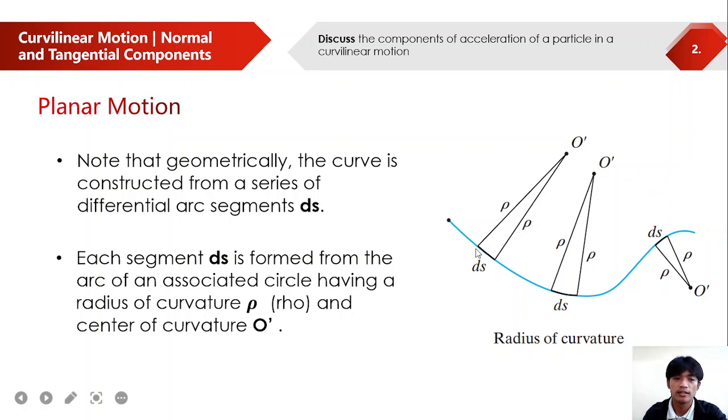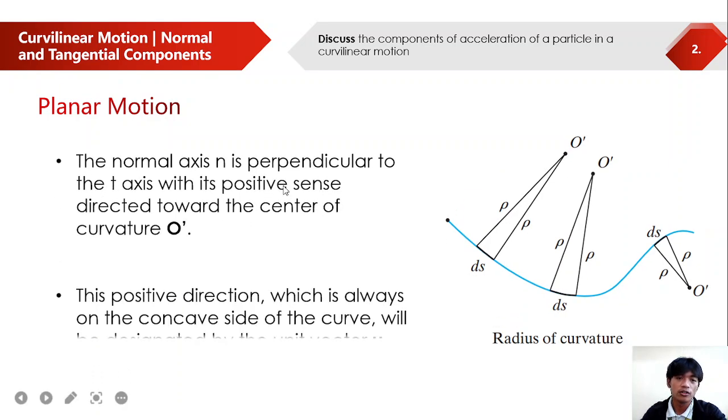So each segment is associated with a radius of curvature. Each arc segment has a corresponding origin, which is O prime. And then it is calculated by the angle times the rho, or the radius of that arc away from that origin O prime.